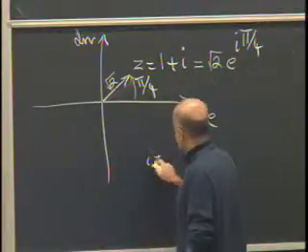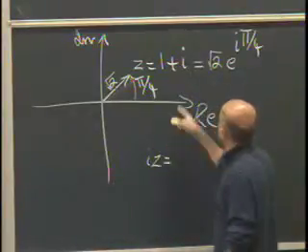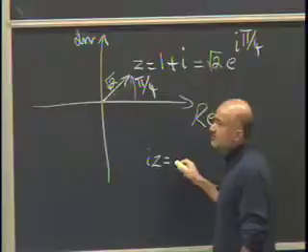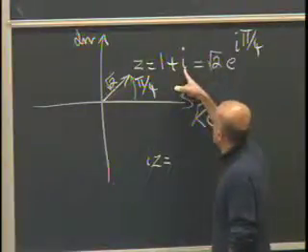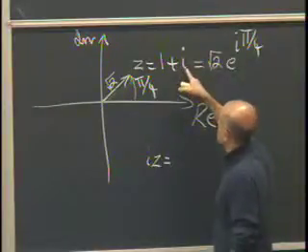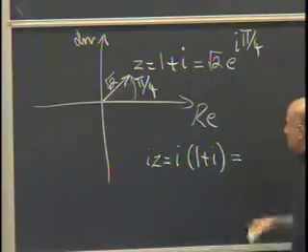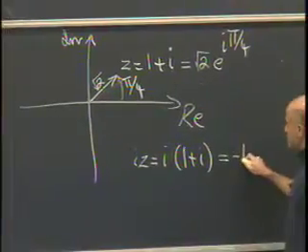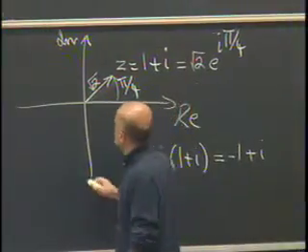So iz is what? Give it to me in Cartesian first. No, you're still converting to exponentials. I want you to multiply i and 1 plus i. Negative 1 plus i. Okay? How do I draw that?